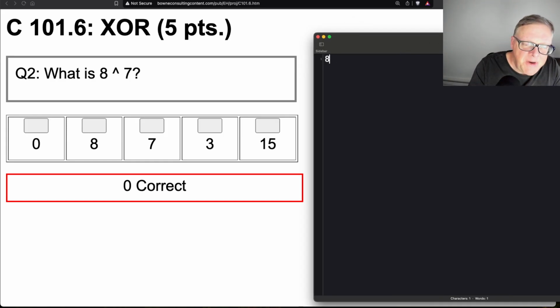So you take 8 in binary. What's 8 in binary? You should know that. Well, this appears to be a defect of the online teaching system.